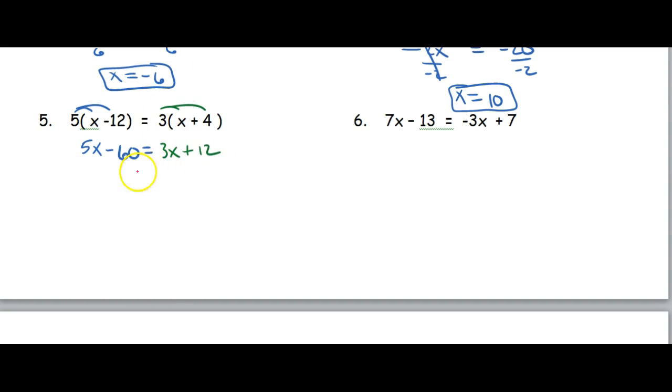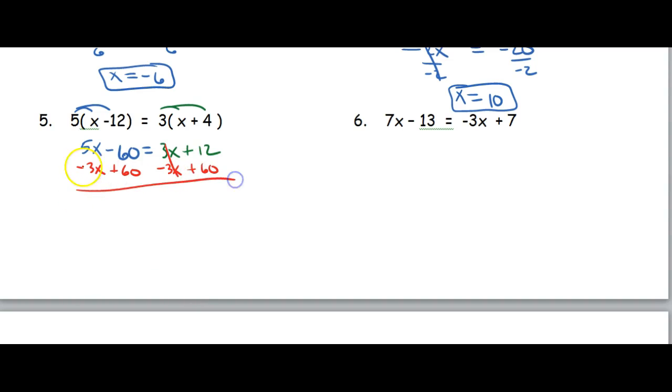Now, do I have all my variables on the left? No. How do I make that happen? Well, I get rid of this 3x by subtracting it since it's positive. Line it up under the like term on the left side. Do I have all my constants on the right side? No. How do I get rid of this negative 60? Well, I undo the subtraction by adding 60.